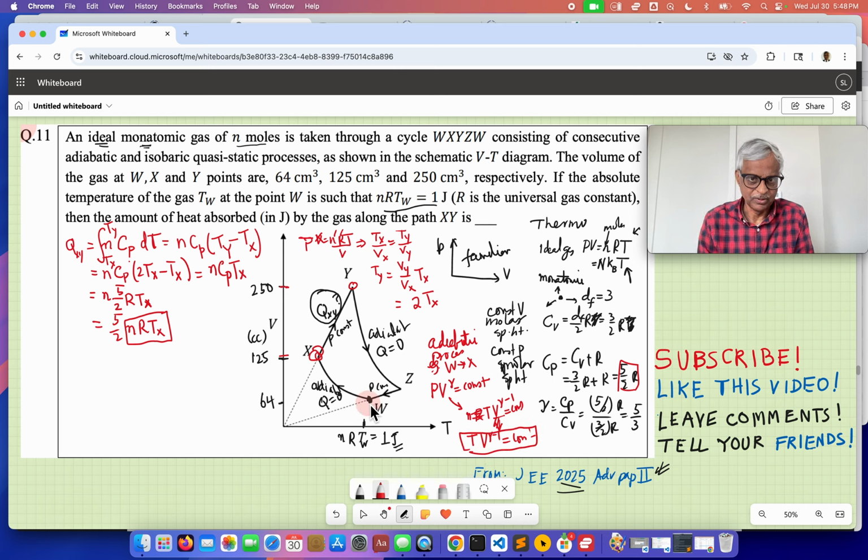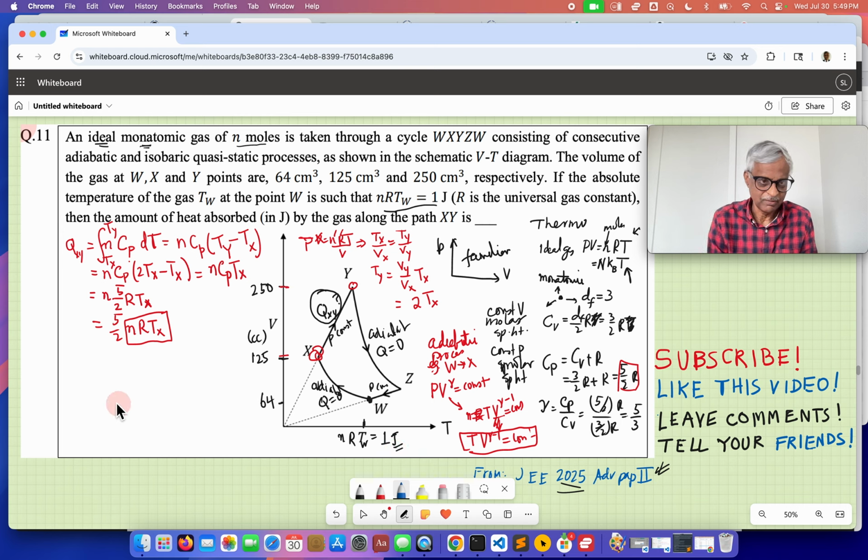So you could imagine trying to get rid of this Tx in terms of TW. All right, let's try to do that. So when you come to that point, you would say, okay, I need to get rid of Tx.